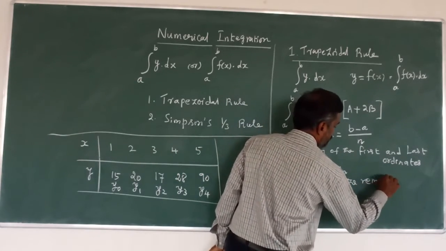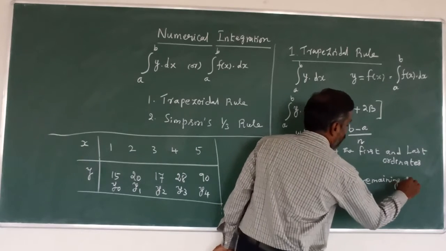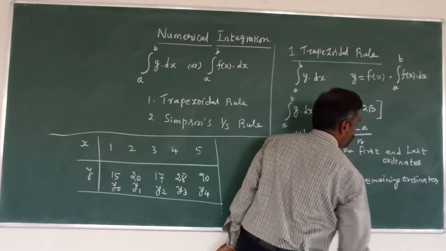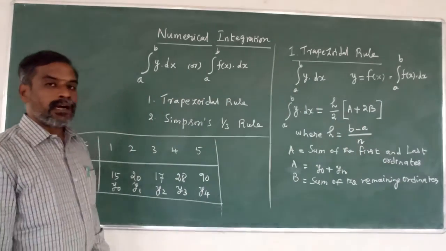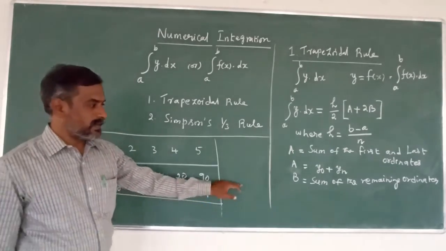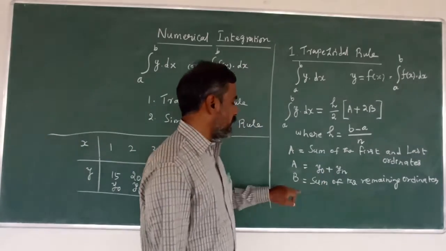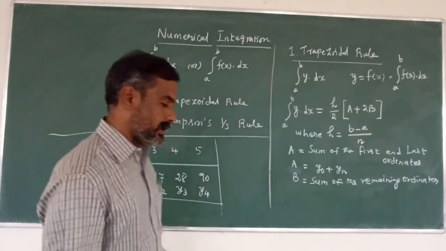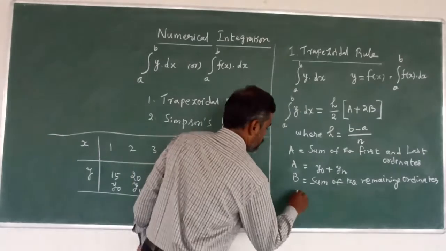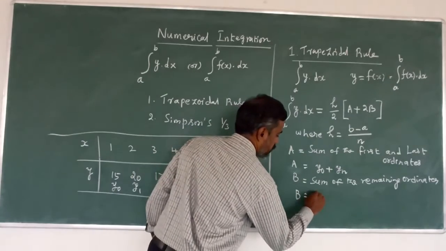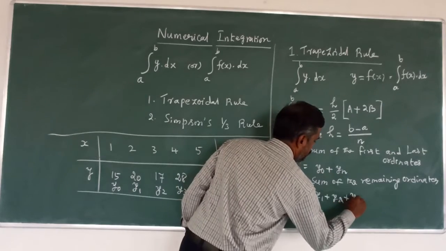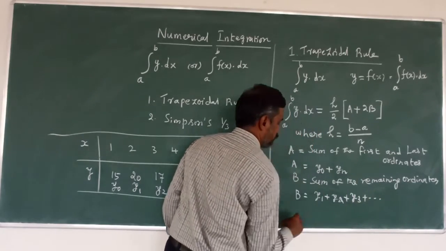remaining ordinates. Sum of the remaining ordinates. Besides y0 and y4, which we added in A, B means the sum of the remaining ordinates: the sum of y1, y2, y3. B equals the sum of y1, y2, y3, like that we add.